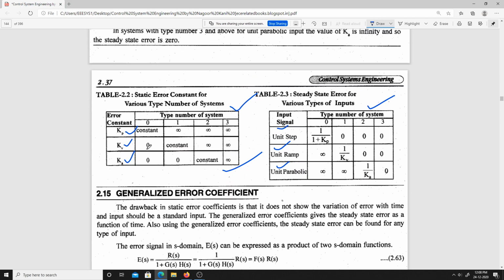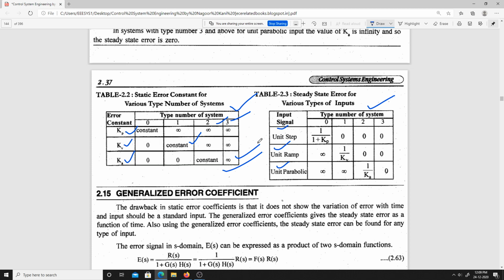Similarly for kv, for type 0 kv will be 0. For type 1 it will be constant, and when we talk about type 2, type 3, it will be infinity. Similarly ka for type 0 and type 1 will be 0, for type 2 it will be constant, for type 3 it will be infinity, and so on it will be infinity only.